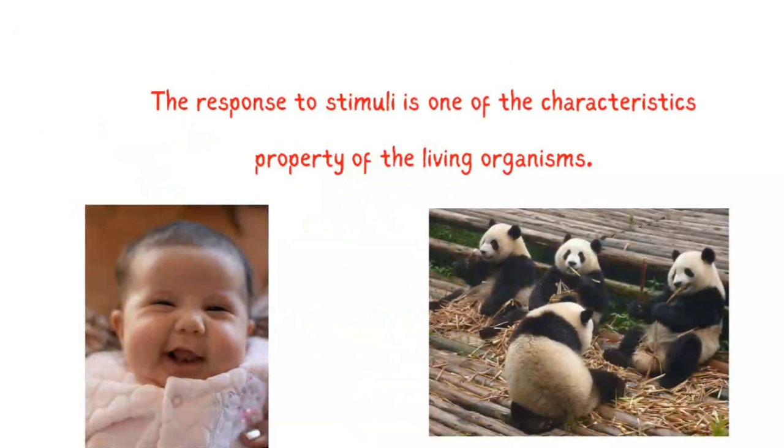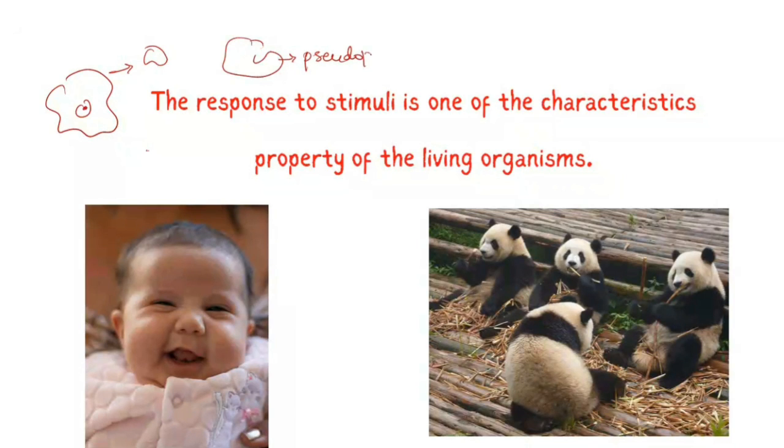You have studied in the last chapter, Life Processes, that amoeba senses the food particle. A unicellular organism, amoeba senses the food particle and then engulfs it with the help of pseudopodia.